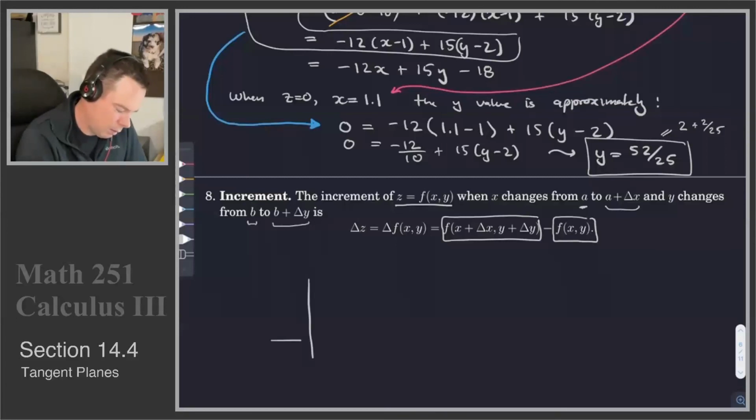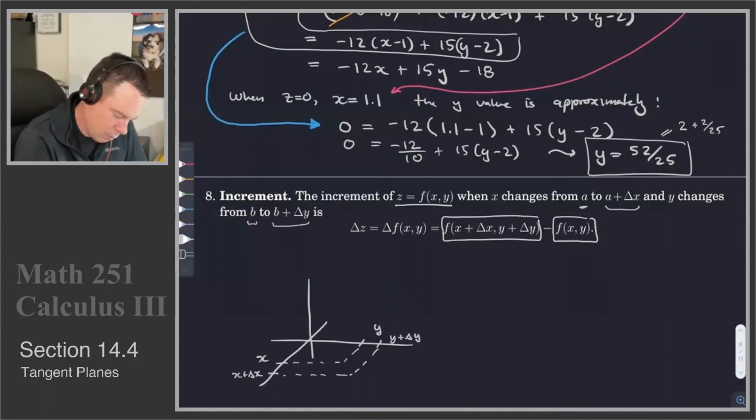So the idea is we're at a point, and I'll use it in terms of our, that's not x, this is x on this axis. So we've got x and y, and I move a little bit away to an x plus delta x, and I move a little bit away to a y plus delta y.